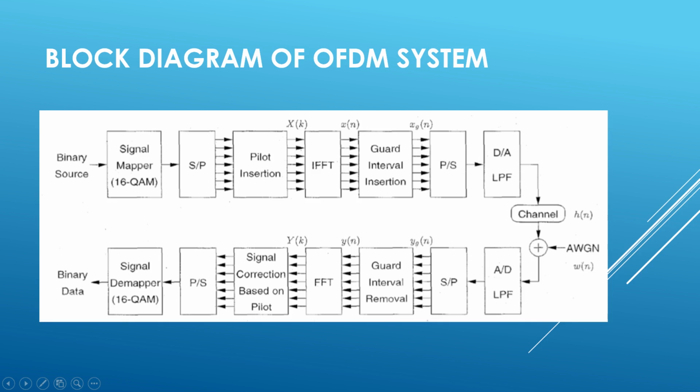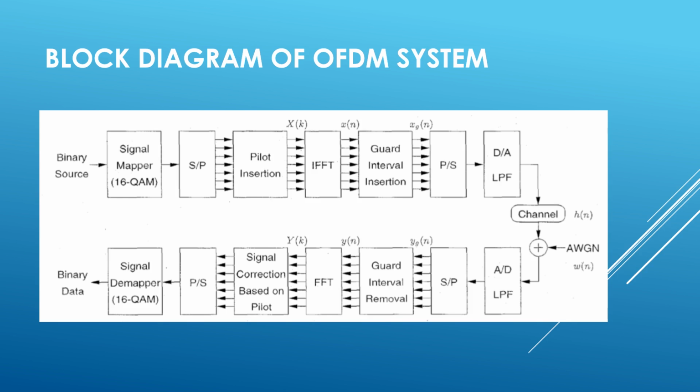So once the signal is converted to parallel, it is passed through a pilot insertion. So we use a block type pilot insertion in our project implementation. After the pilot insertion phase comes the inverse fast Fourier transform phase. So the modulation of a signal takes place here, and this is followed by a guard interval insertion.